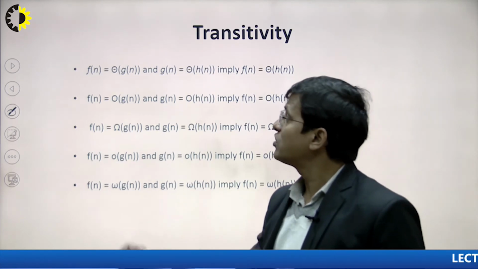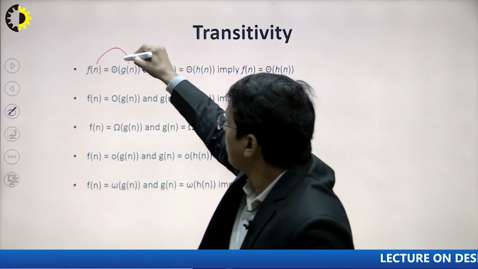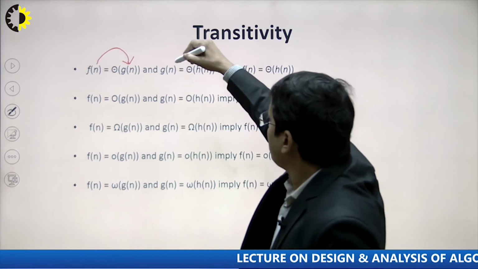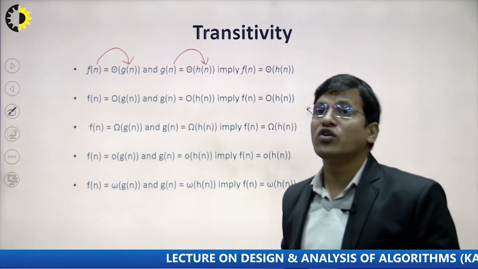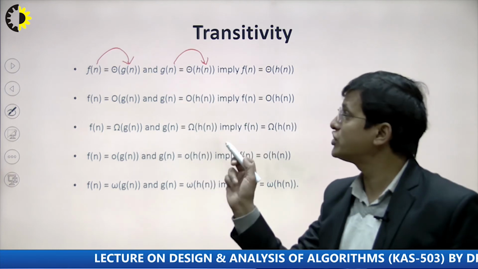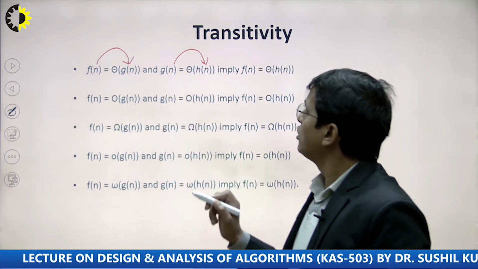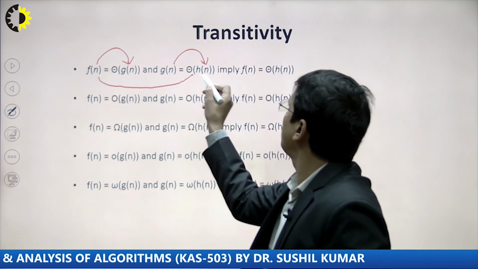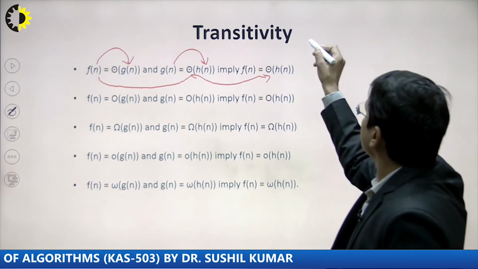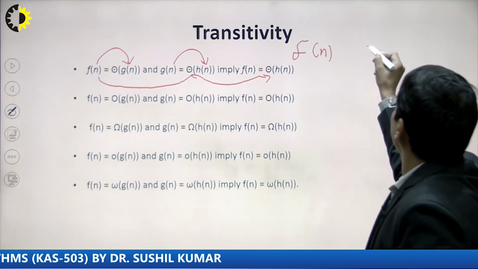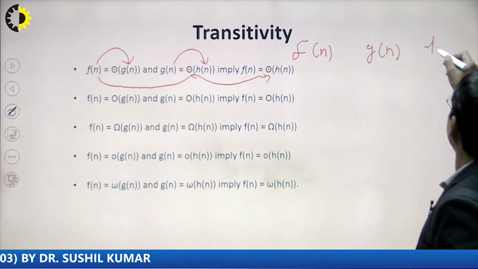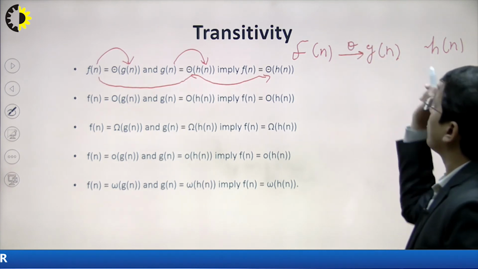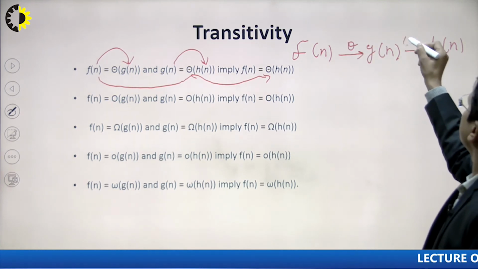The first one is f of n equal to theta of g of n, and g of n is theta of h of n.